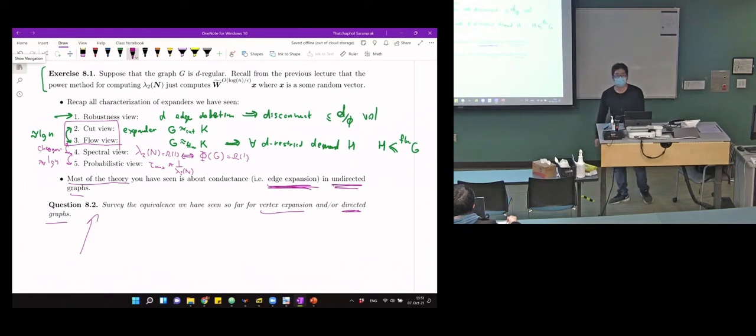So sampling a spanning tree, is there any application where you would want to sample a spanning tree? So yes, there is a recent development on the traveling salesman problem.